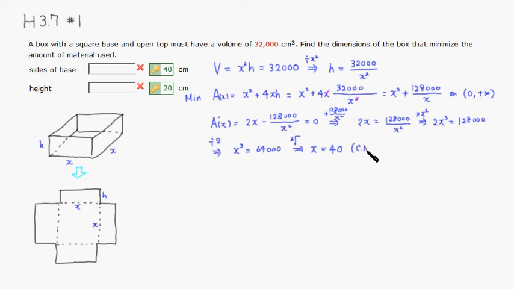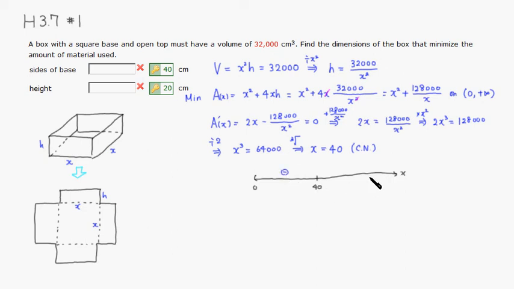Just to make sure that this really gives you the smallest area, we can do the number line, starting from 0, with 40 marked. We can pick something between 0 and 40, like 1. If you put 1 here, 2 minus a really big number is definitely negative. So negative here.